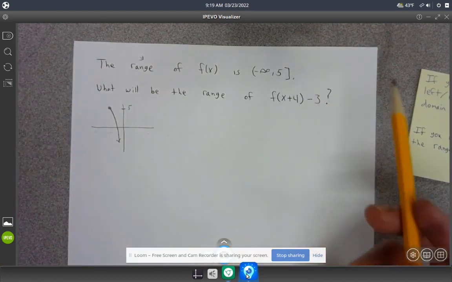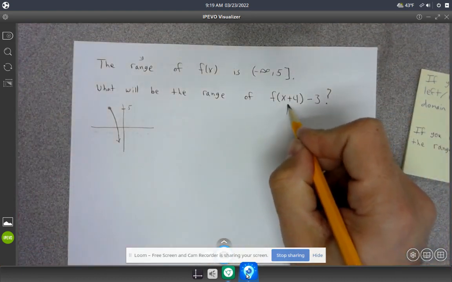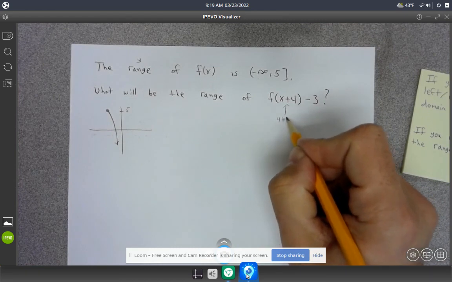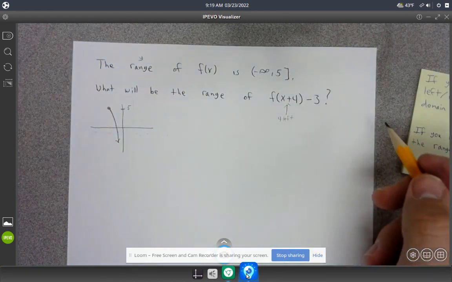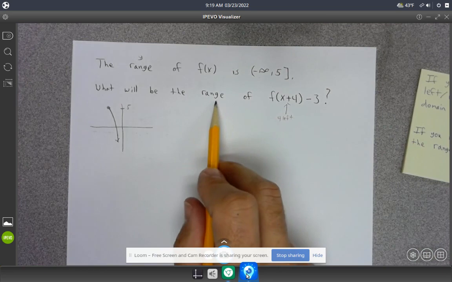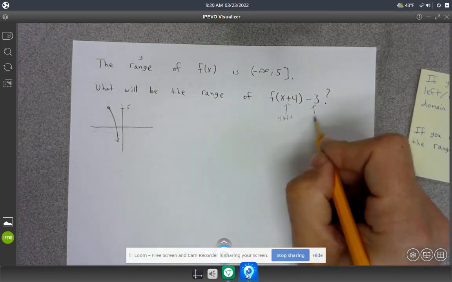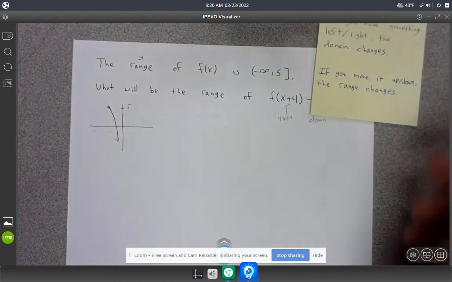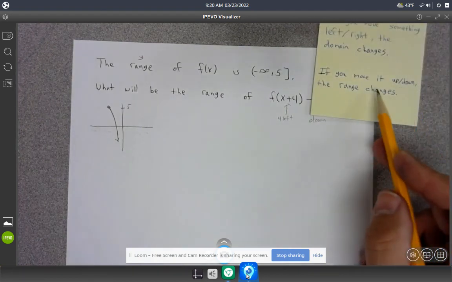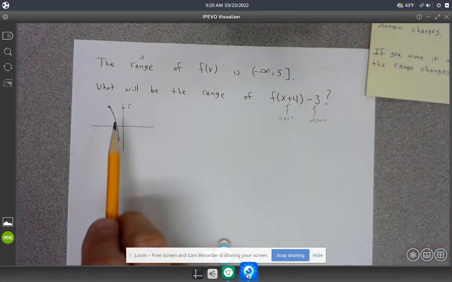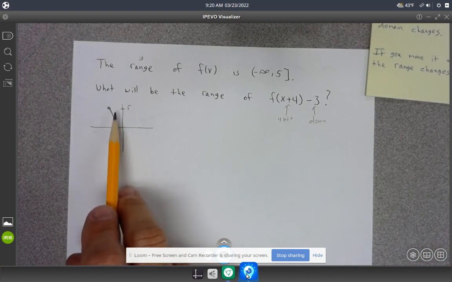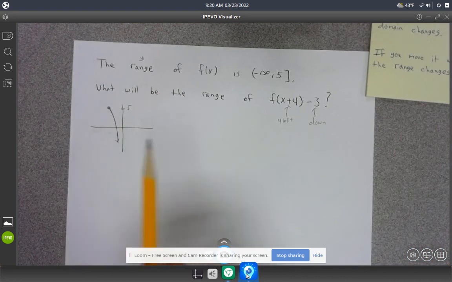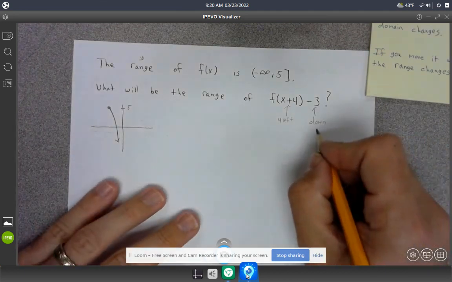I don't know exactly what the function looks like, but this has a range of -infinity to 5. Okay, this part, 4 left, we can ignore because it doesn't affect our range at all. And the 3 down, since we are moving it down, that is going to affect our range. If you imagine this whole function just shifted down 3 units, that's going to cause us to subtract 3 from our range.